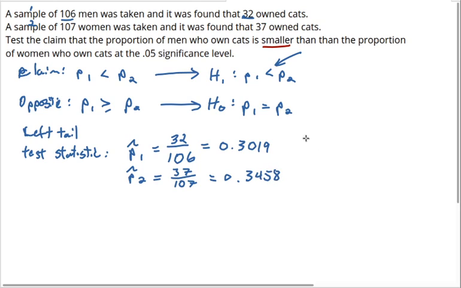Now there is another thing we need when we're talking about two proportions, and that is the pooled proportion. And we're calling that P bar. And to get that, I simply add these two fractions together, but in the way that you wanted to in grade school, but we're told that's not the way you do it. Now we get to do it. So I add the number of men and women who own cats divided by the number of people altogether.